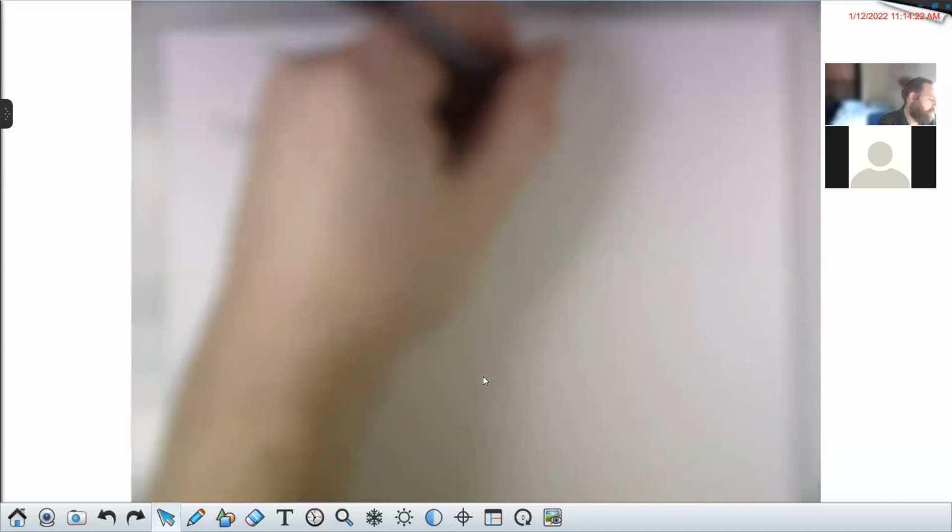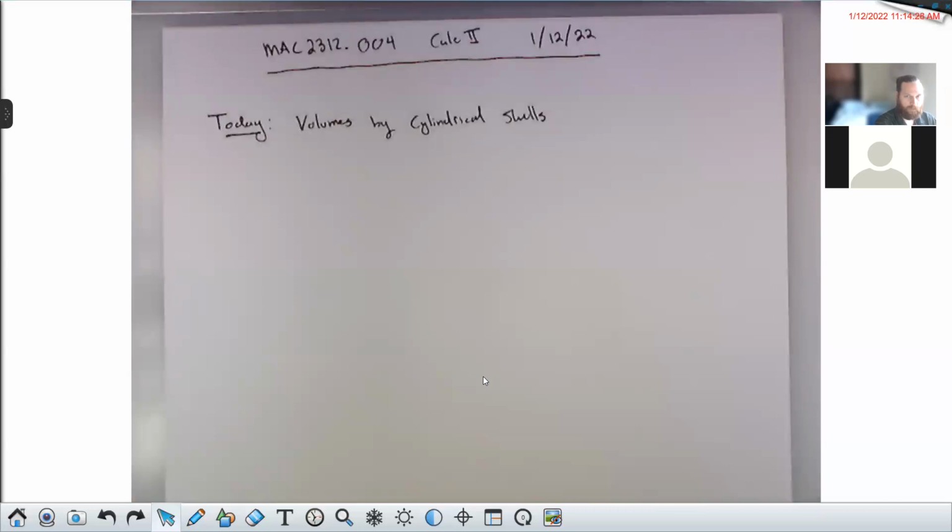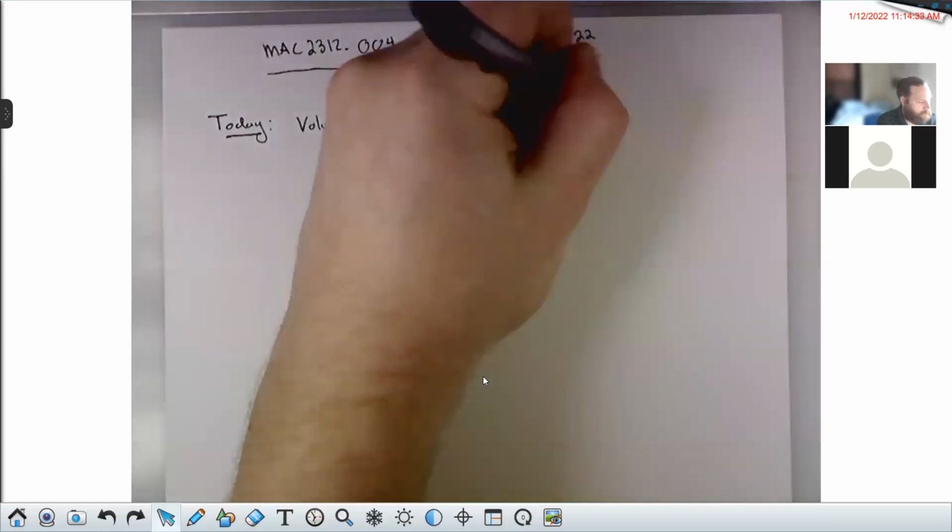Today I'll be talking about volumes, cylindrical shells. That is blurry. Okay, come on. There you go. Okay, and this is section 6.3.